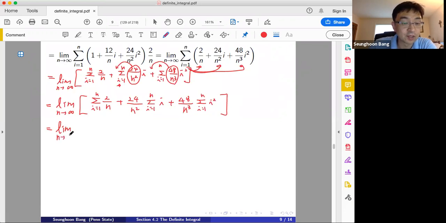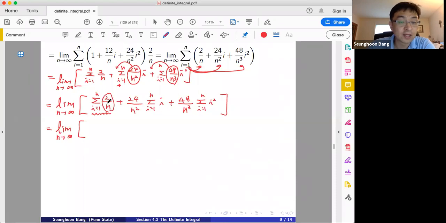Limit as n approaches infinity. So do you know this one? What's the summation from i equal to 1 to n of 2 over n? Do you know this one? The i is a variable; i changes from 1 to n.